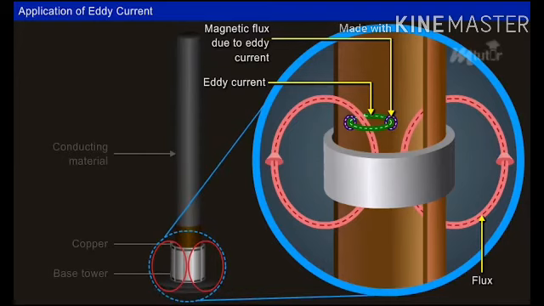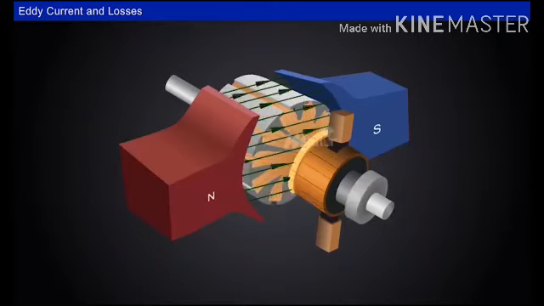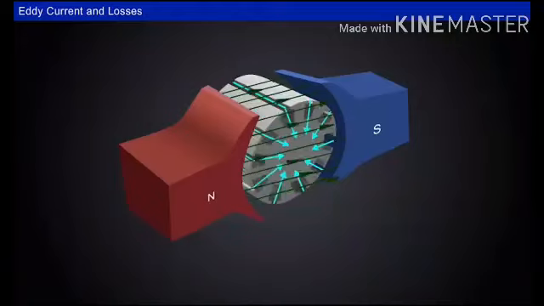Similarly, eddy currents are present in rotating electrical machines. As the rotor rotates in the magnetic field, it cuts the magnetic flux and EMF will be induced in the armature conductors. In the same way, as the armature core also cuts the flux, an EMF is induced in the core.